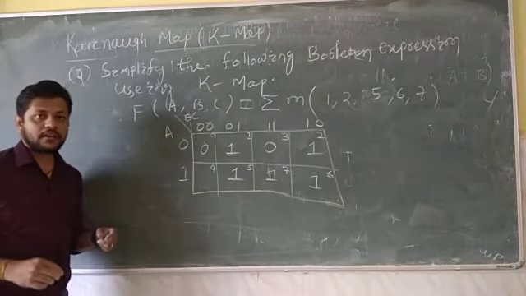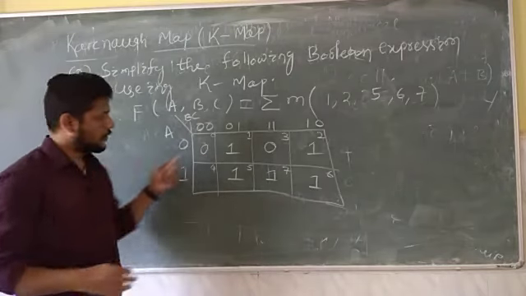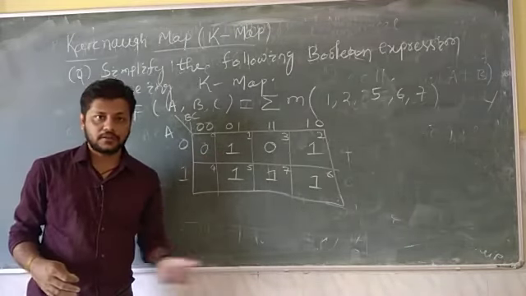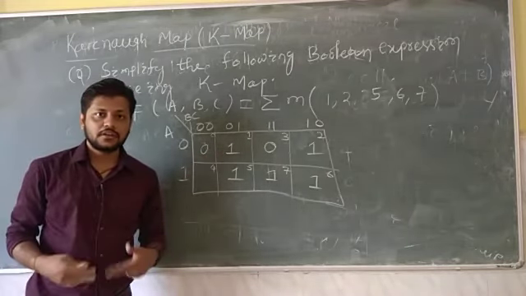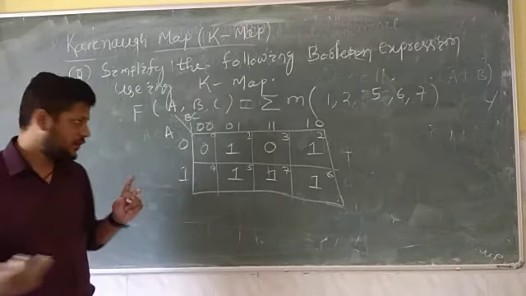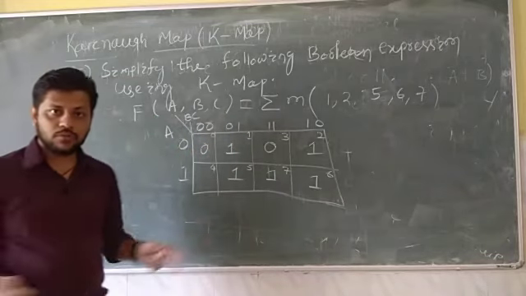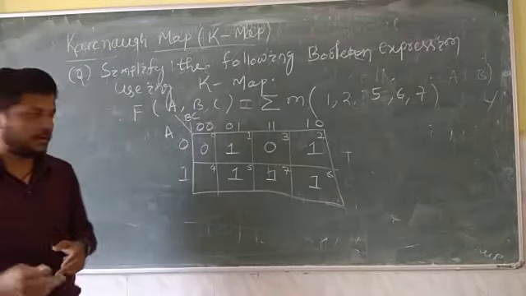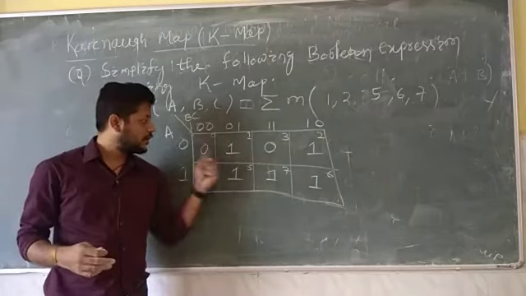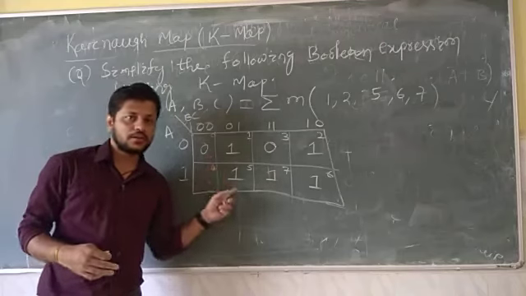So we have to first see whether we can combine the number of 1s here. The combination must be in the form of 2, 4 or 8, or else we keep it as 1. First we see whether an 8 combination is possible. It is not, because all the terms are not 1.